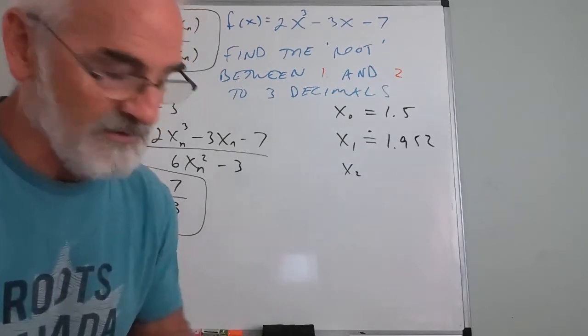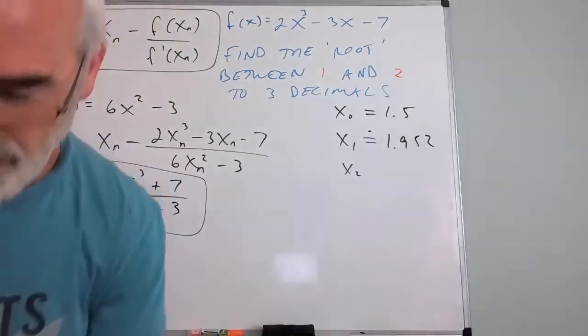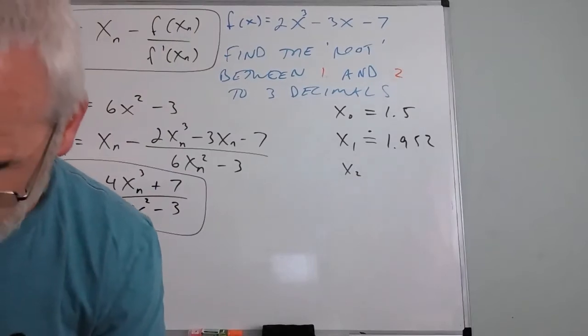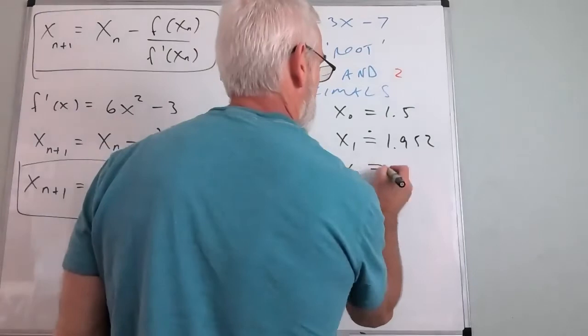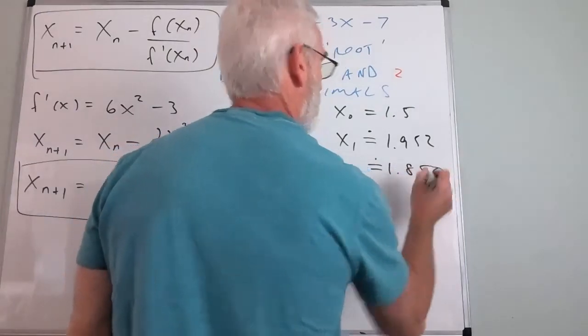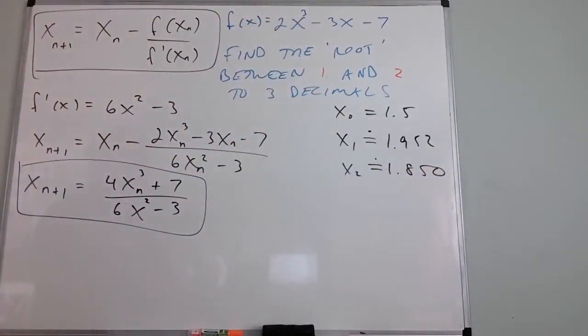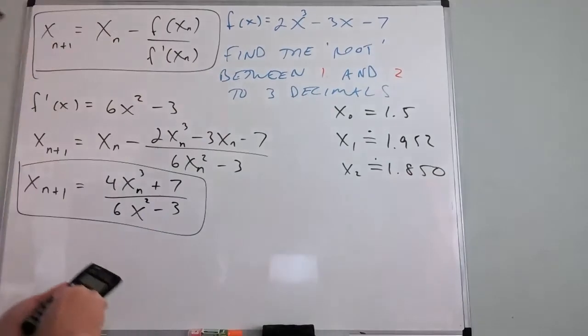Okay, now my screen says something big and hideous and evil. So I'm going to take the first 3. So it's 1.850 is 3 decimal places. And yes, do write down the 0 because you're indicating that that's the 3 decimal places. Now, when I do the next calculation, I'm going to use exactly that.